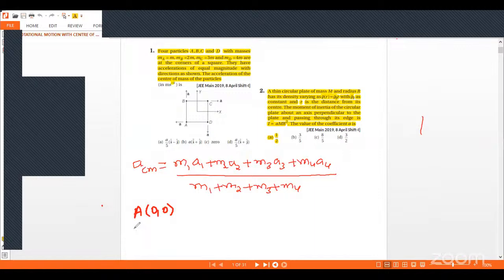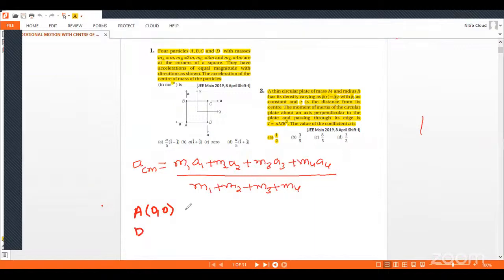At D, its position vector is 0 i cap plus 0 j cap. At point B, it is 0, A. At point C, A, A. At point D, it is A, 0.